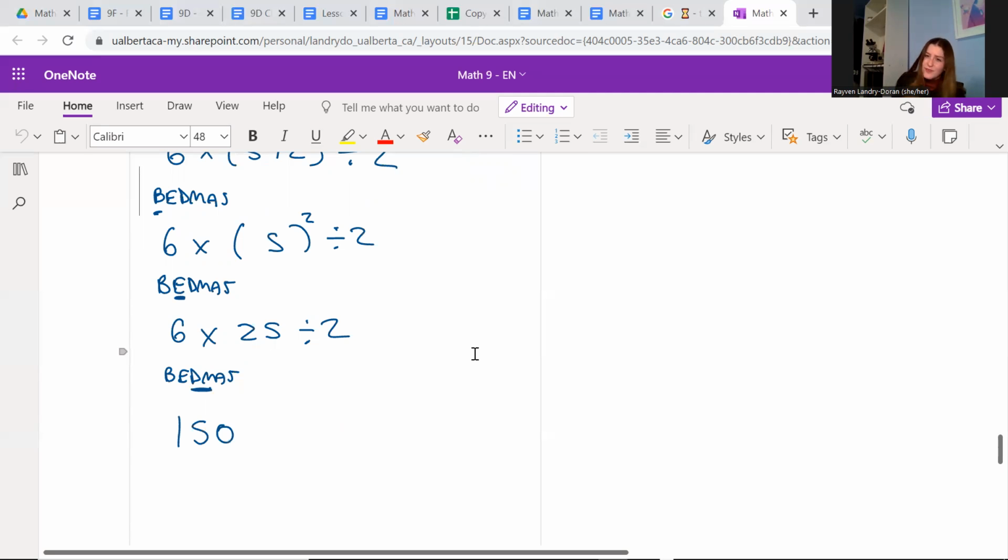Because 4 times 25, if I have 4 quarters, that's $1. And if I have another 2 quarters, it's $1.50. So 150 divided by 2. And then I do the divided by 2. So 150 divided by 2 is 75. And that is how we do this equation.